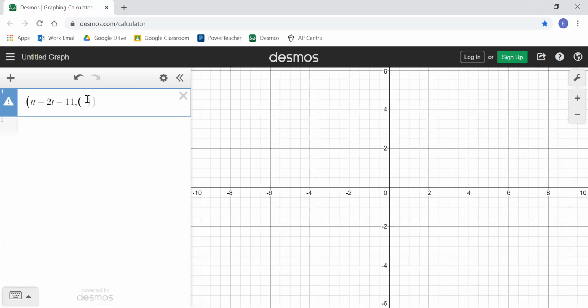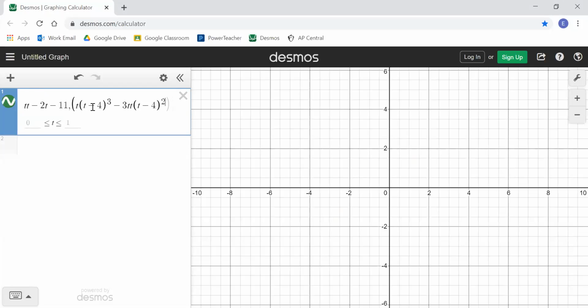And then our other one ought to be t times the quantity (t minus 4) to the third, minus 3t squared times (t minus 4) squared, plus 7. Right? Cool.